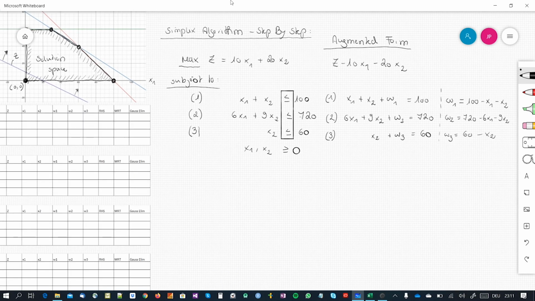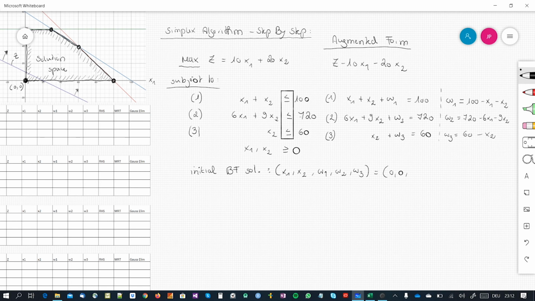As I said previously, we start with one initial basic feasible solution for the simplex algorithm that is given in the corner point. So I define the initial basic feasible solution as being the decision variables and the values for the slack variables, where I have the decision variables set to 0.